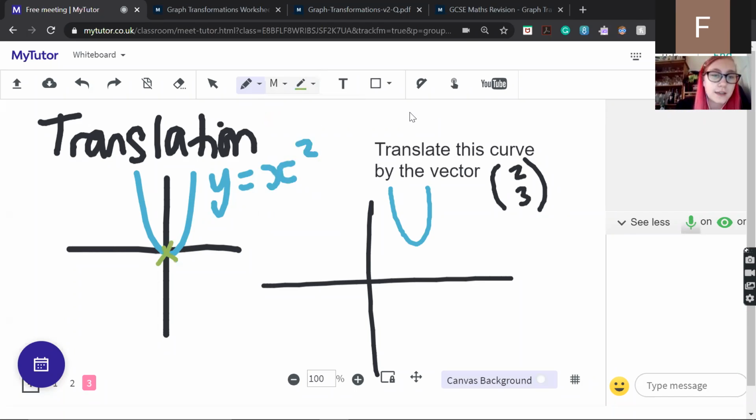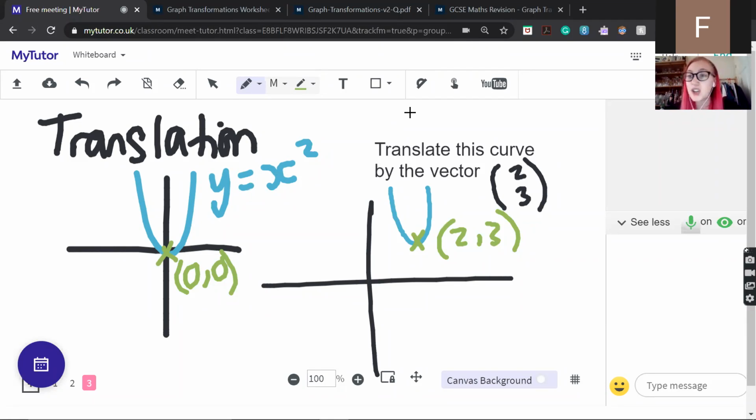So for example, let's take the origin. y equals x squared has its bottom at the point 0, 0. When we've shifted it 2 along the x-axis and 3 up, it becomes the point 2, 3, because we've moved it 2 steps along the corridor and 3 steps up the stairs. That's a good way to enhance your sketch and prove that you know what you're on about.